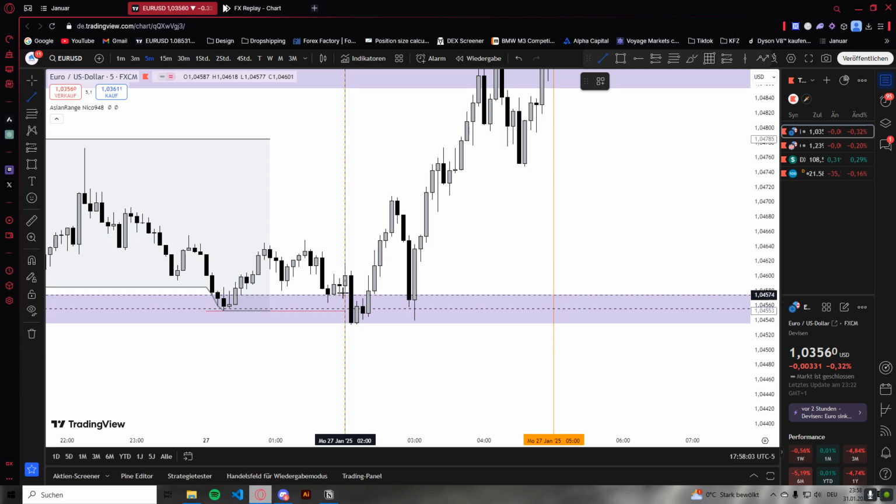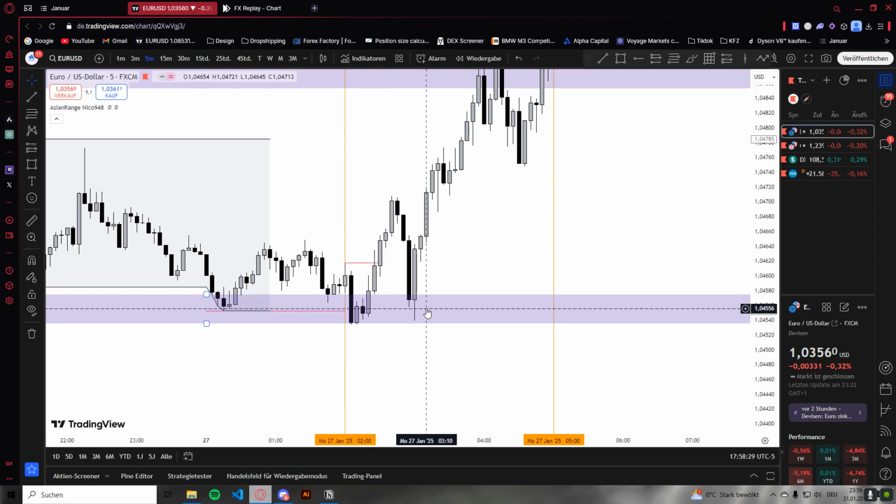So we open up right here, 2 a.m. New York time. Price came down. Then what did price do? Price went up higher, made a market structure shift right there, closed above it, and displaced away.